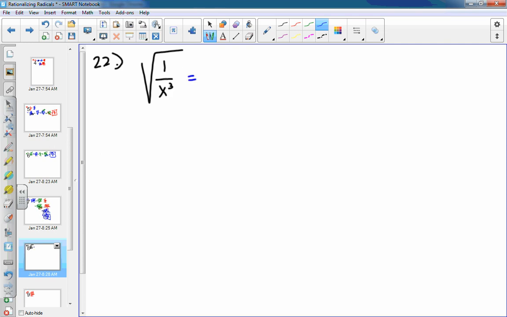Okay, good. So this is the square root of 1 over the square root of x cubed. What is the square root of 1? 1. Oopsie, sorry. 1 over the square root of x cubed. Ashley?